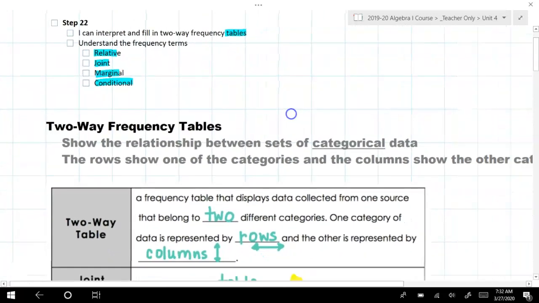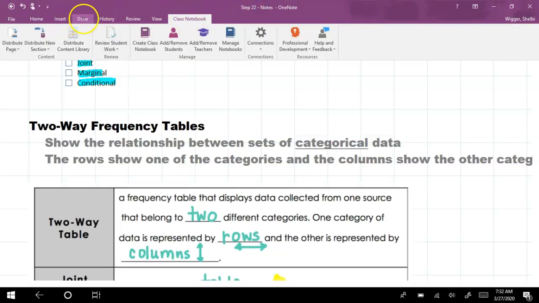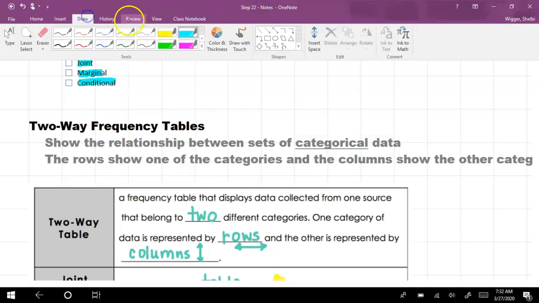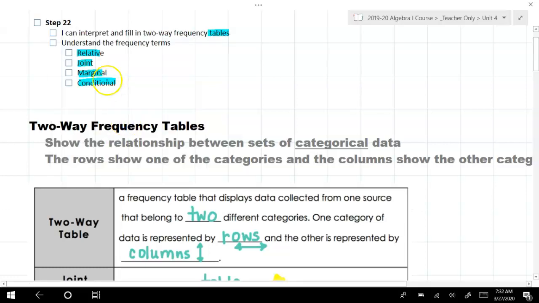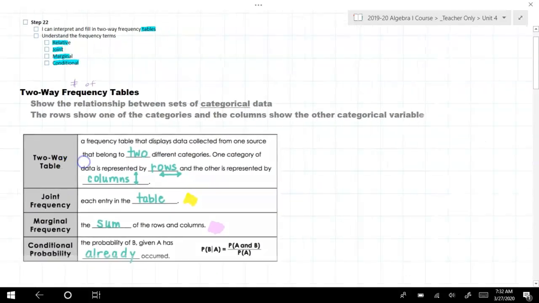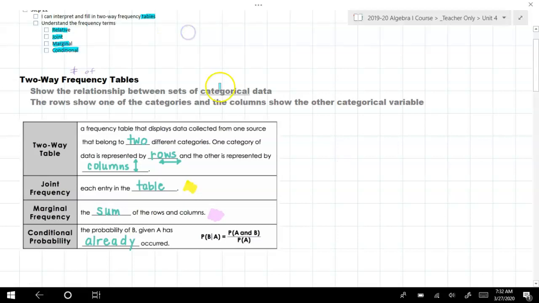So two-way frequency tables. We've defined the word frequency before. Frequency just means the number of. So two-way frequency tables show the relationship between sets of categorical data. So we use tables when we have categories.